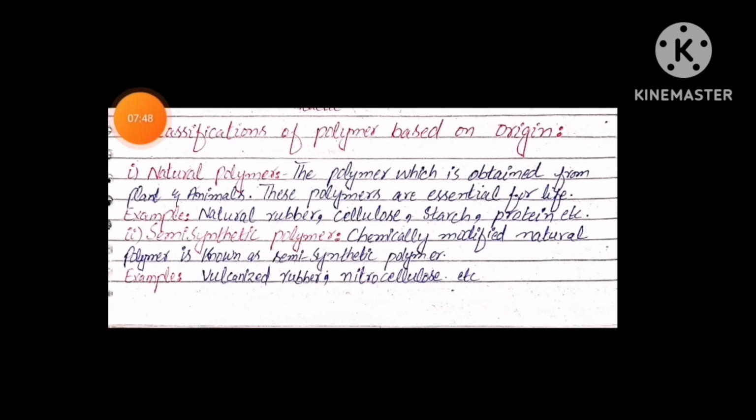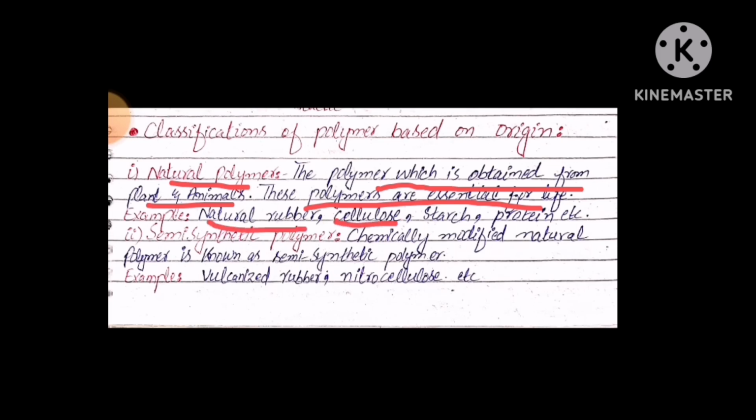First is natural polymer, which is obtained from plants and animals. These polymers are essential for life. Examples include natural rubber, cellulose, starch, protein, etc.